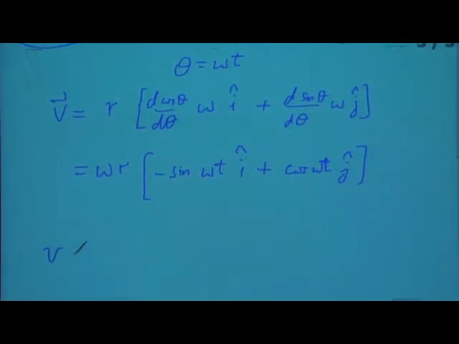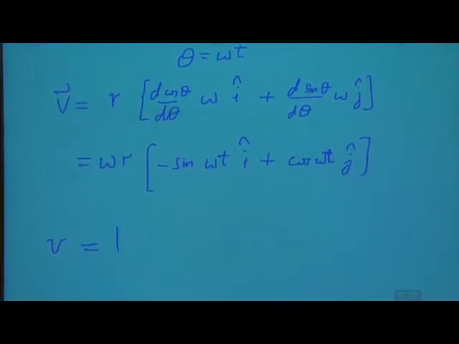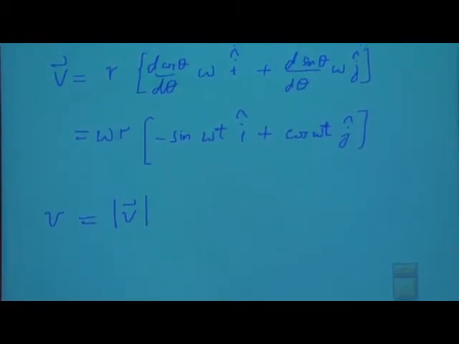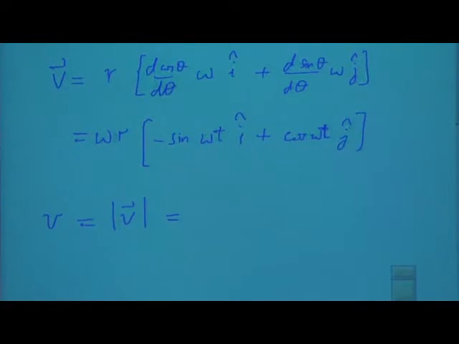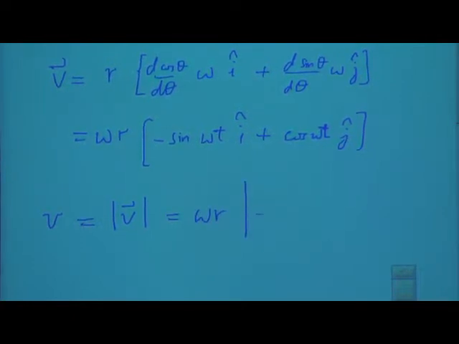Now, what is the speed? Which is the absolute value of this vector, the length of the velocity vector. Now, I have here omega r, which is just a number multiplying the whole vector. So the length is just omega r times the length of this vector.